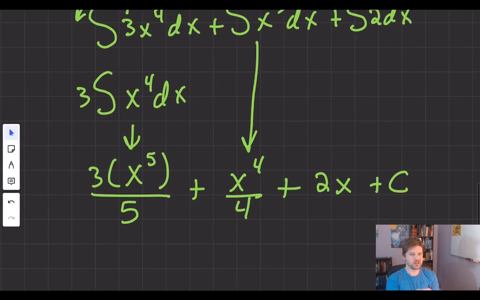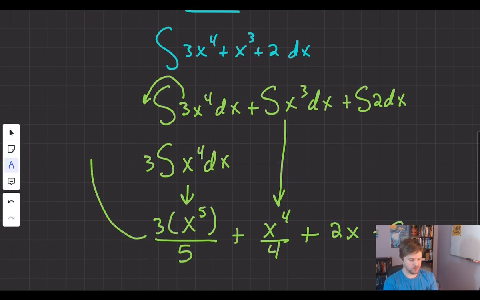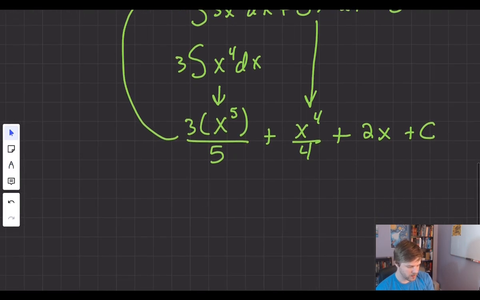Okay, so this is our answer, but we can check this pretty easily. If we take the derivative of this, remember that we should get the integrand back. So let's do it. I'm taking the derivative of all of this, just to check.